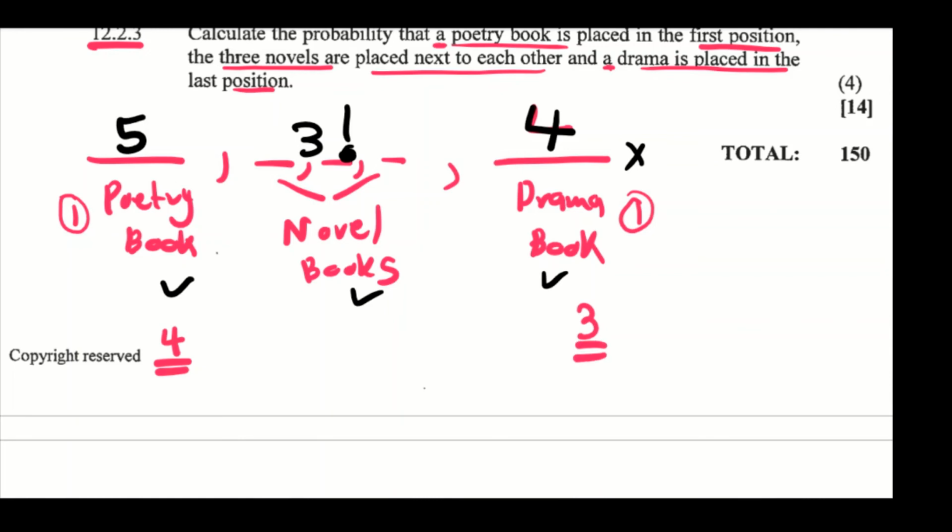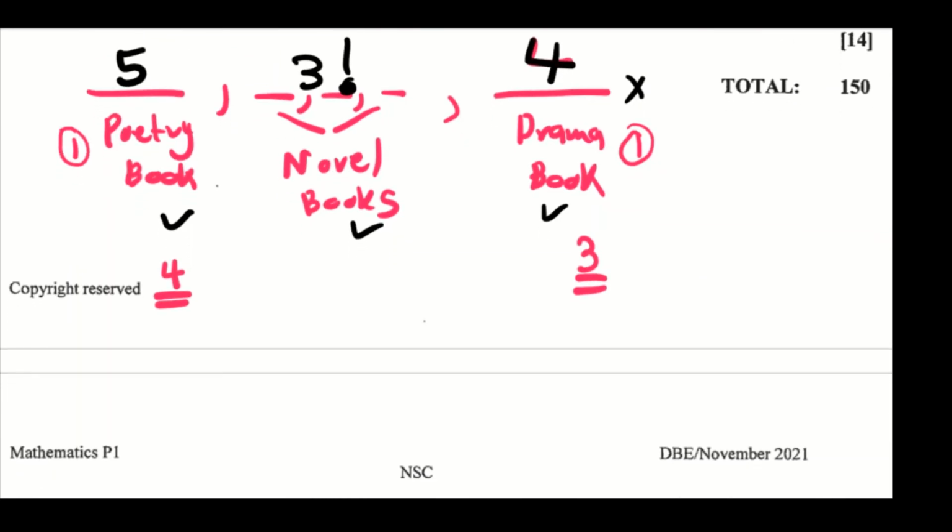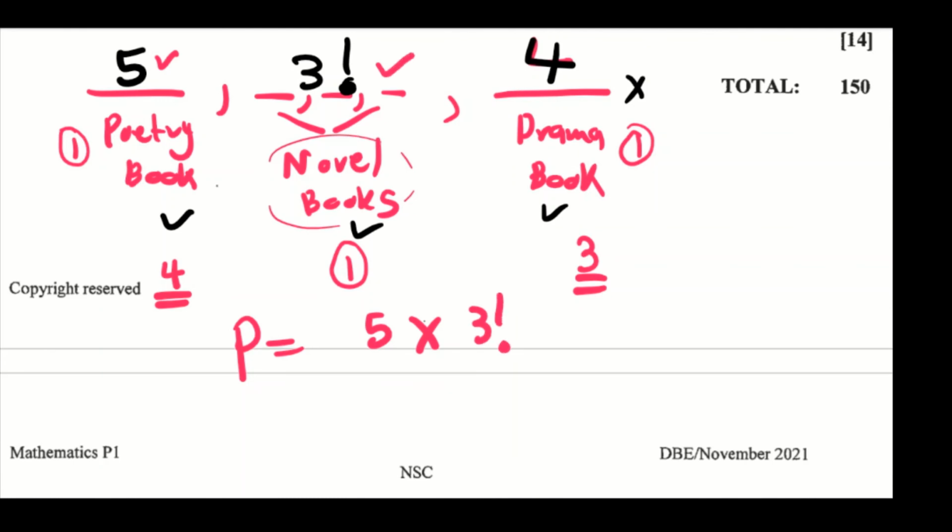So what you're going to do is this. You're having, so these 3 novel books are going to be treated as one book, right? So the probability would be equal to the placement. So it's going to be 5, which is this 5 here, multiplied by the 3 factorial, which is this one here, multiplied by the 4, which is this one here, multiplied by, so as I said, you have 4 poetry books remaining if we use 1 poetry book in this first placement.